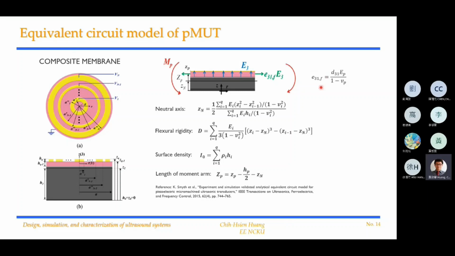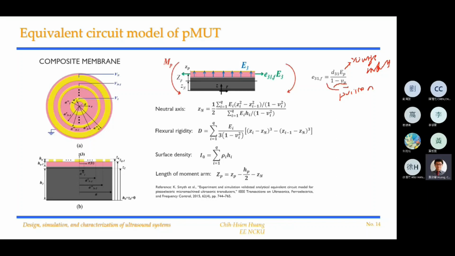So usually when we calculate E31F, we use D31 times the Young's modulus of the piezoelectric layer. This is the Young's modulus, and this is the Poisson ratio of the piezoelectric layer.